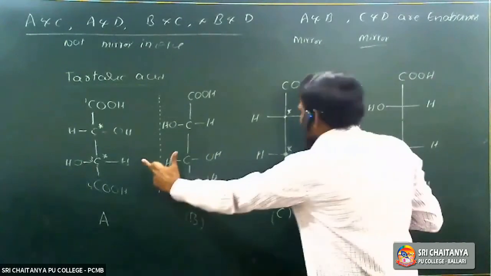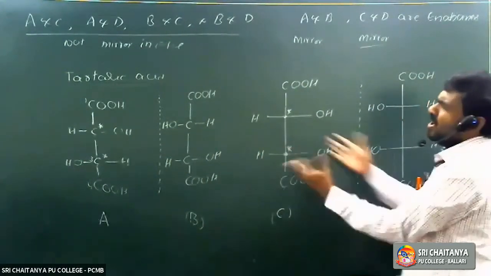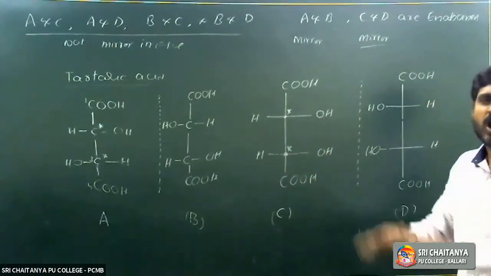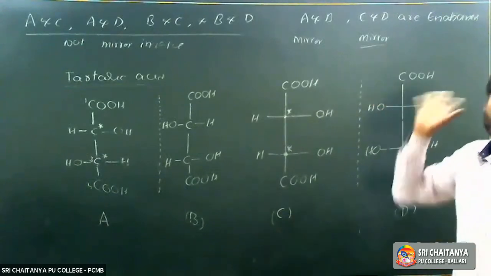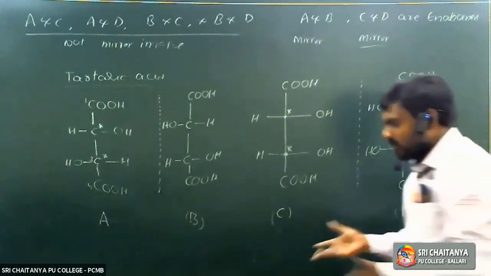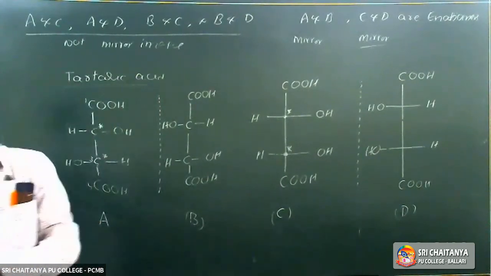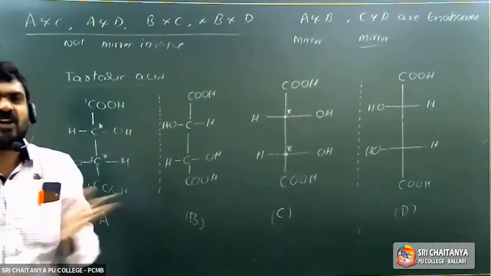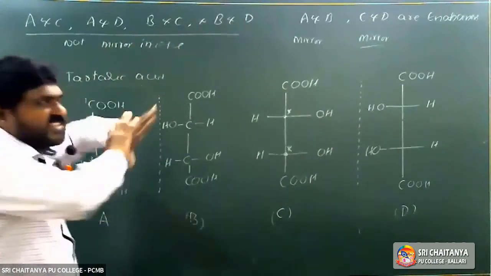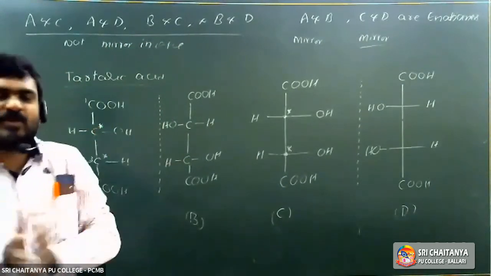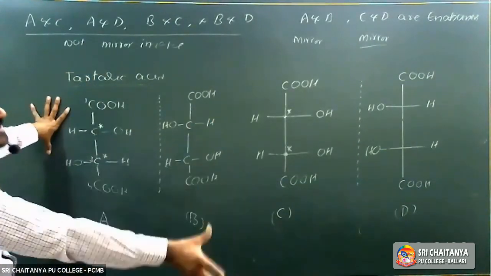Whereas A and C are non-superimposable and non-mirror images, so they are called diastereomers. Diastereomers have different physical properties like density and refractive index, whereas enantiomers have similar properties. So this is an enantiomer, and this is a diastereomer.